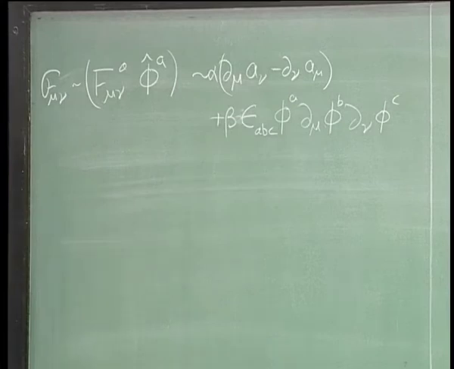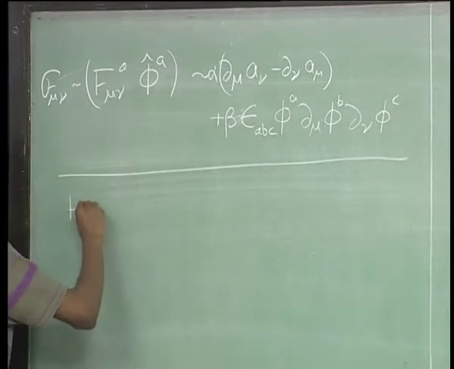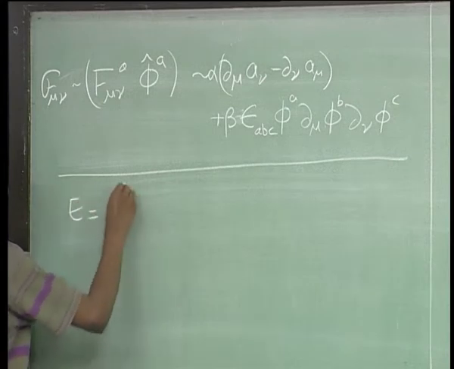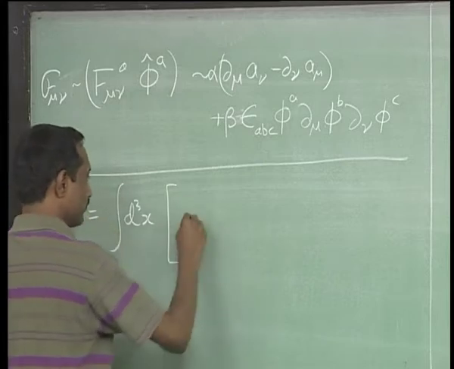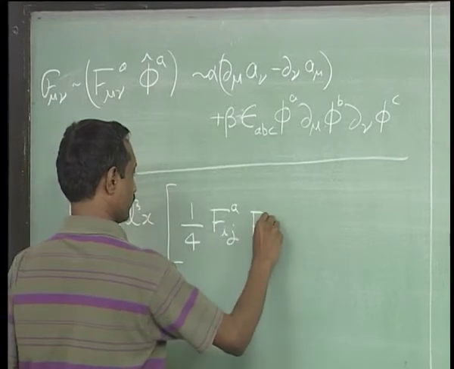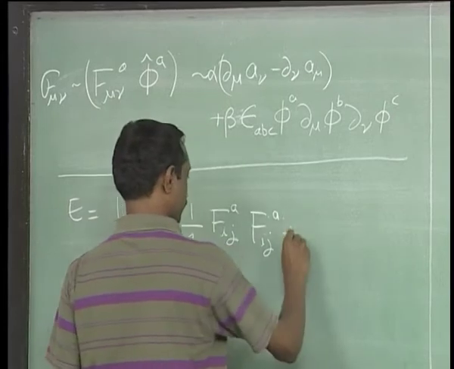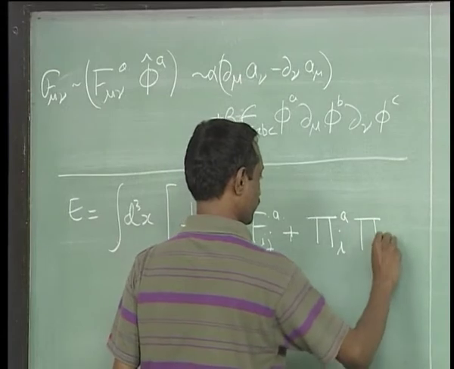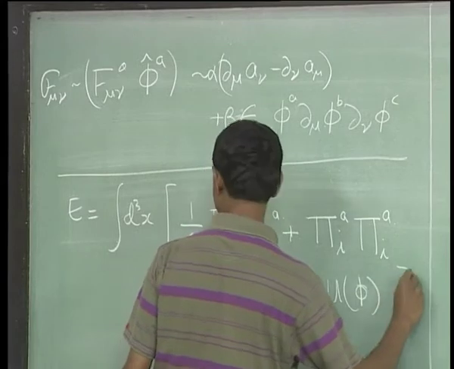Let us get back to the original problem which we were looking at. We had a Hamiltonian density whose energy was this.